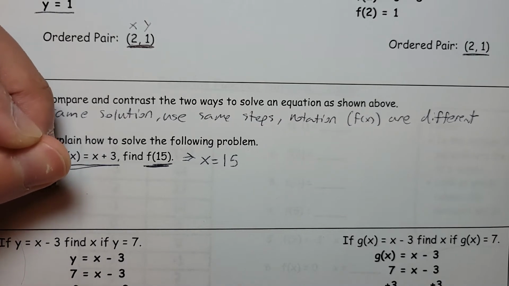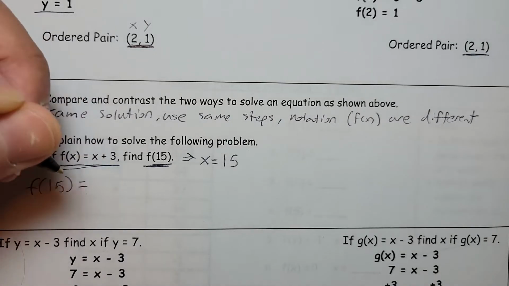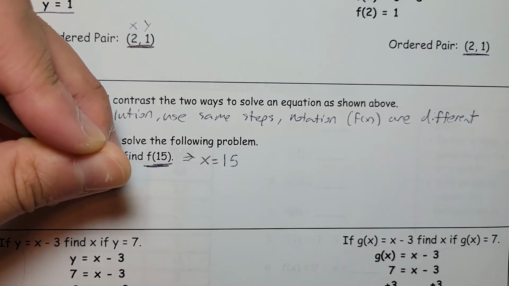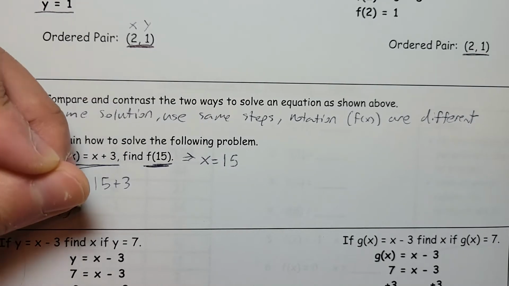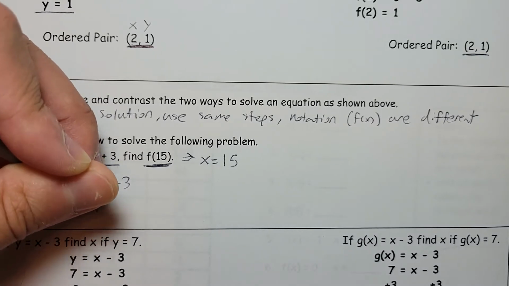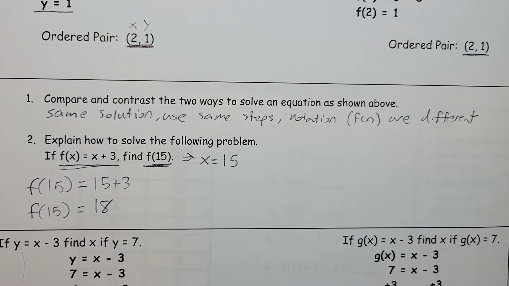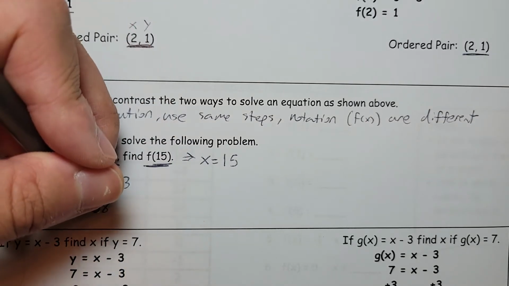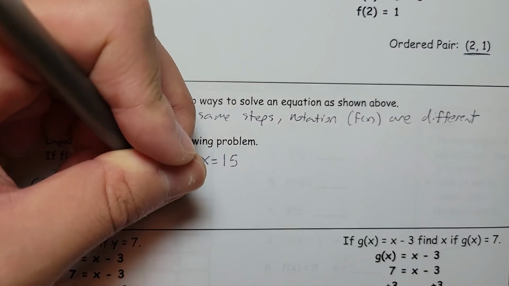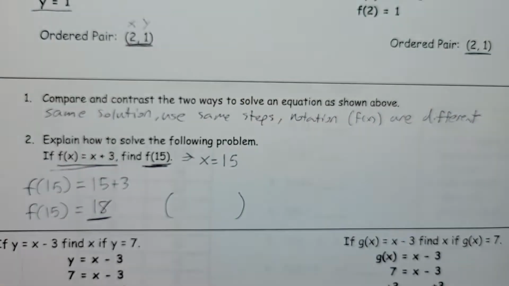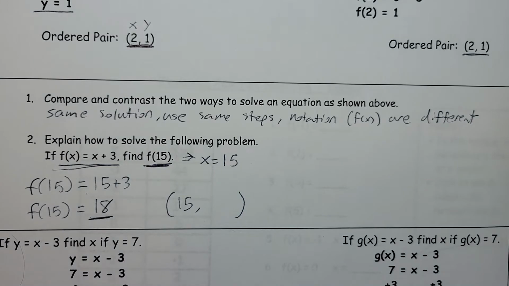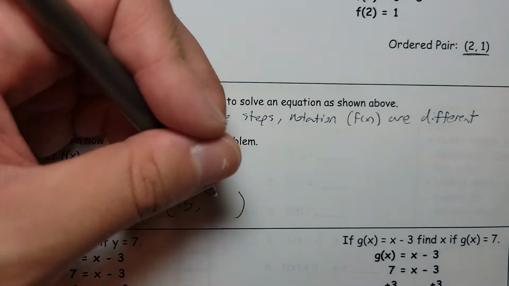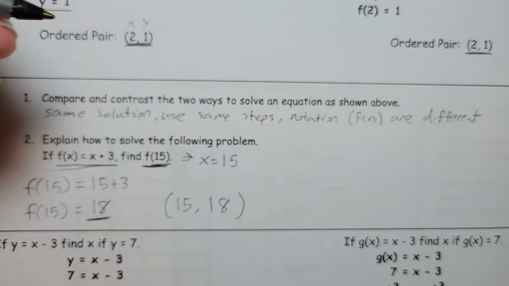F of 15 equals 15 plus 3. F of 15 equals 18, because we combine the like terms. So we know that f of 15 equals 18. So in our ordered pair, when x equals 15, our f of 15, or our y value, is 18.